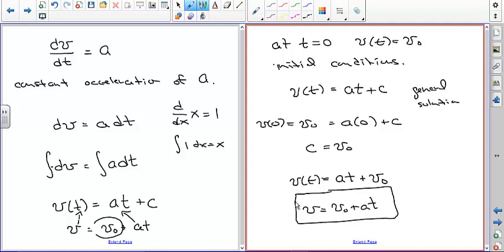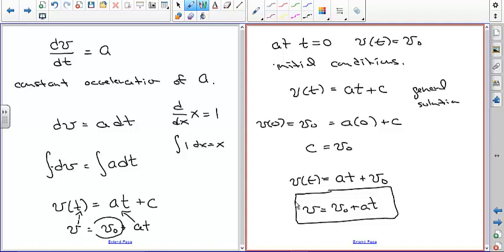You start with a constant acceleration. You say that the acceleration is the derivative of velocity with respect to time. Up there, you put it in differential form. The integral of a derivative or differential is the function, and the integral of just dt is t.